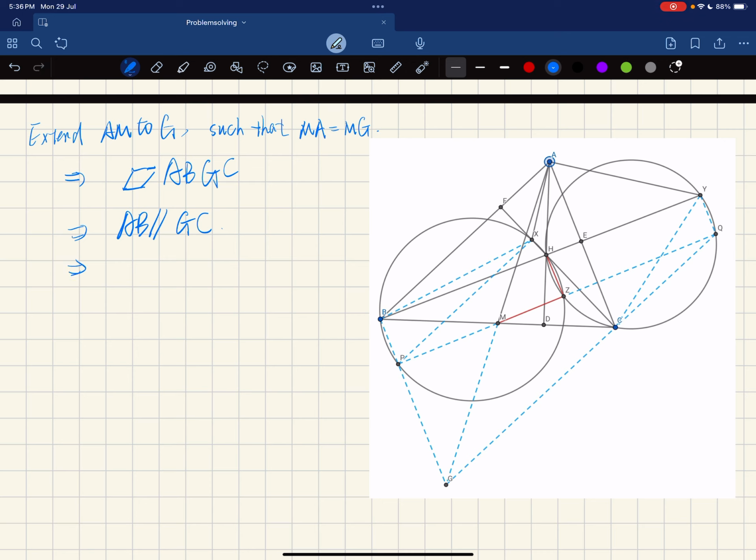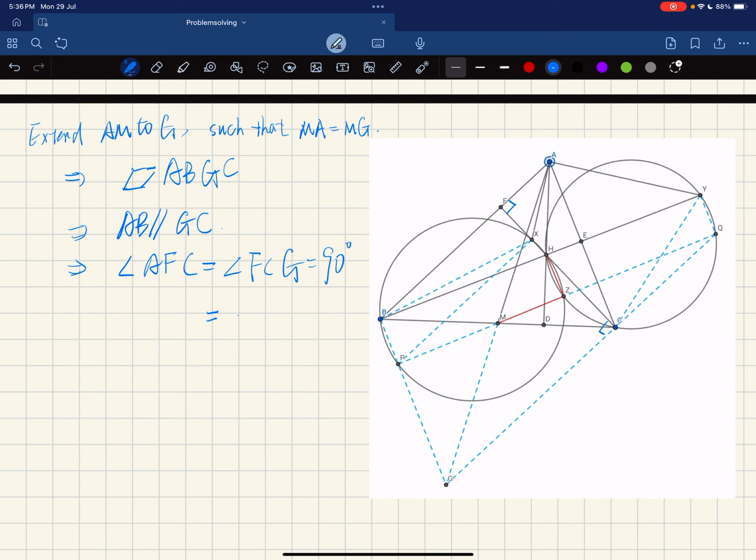Since we know AB is parallel to GC, the angle AFC equals angle FCG equals 90 degrees, right? Because of the perpendicular lines here and here. What would that bring about?